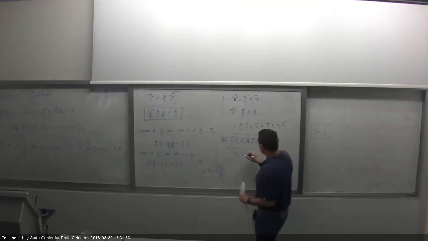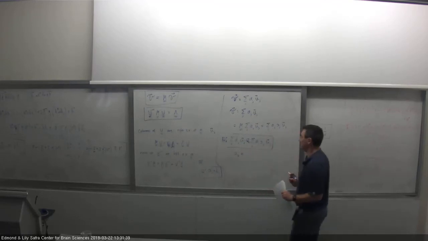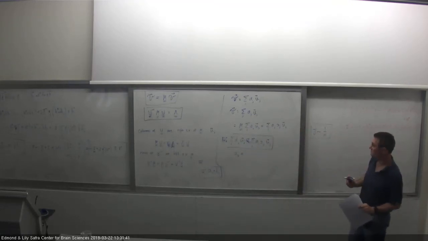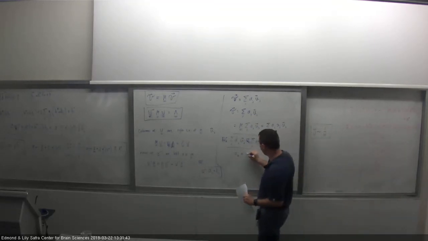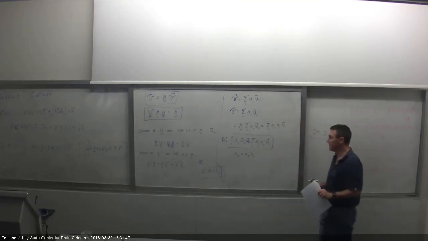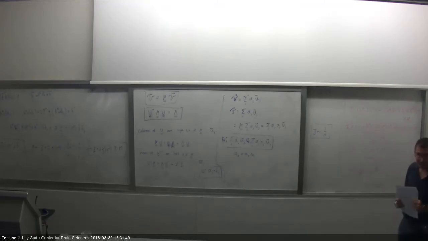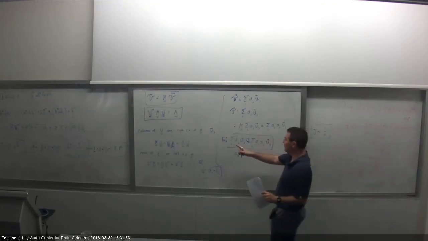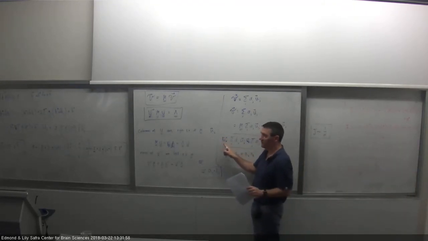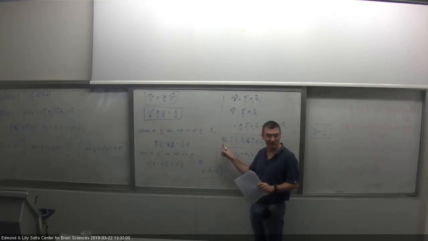What about the right-hand side of the equation? So we are left with AK lambda K. Now we can do it for all k's. We should do it for all k's.